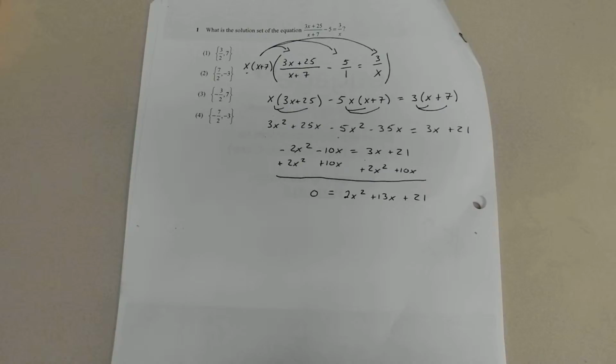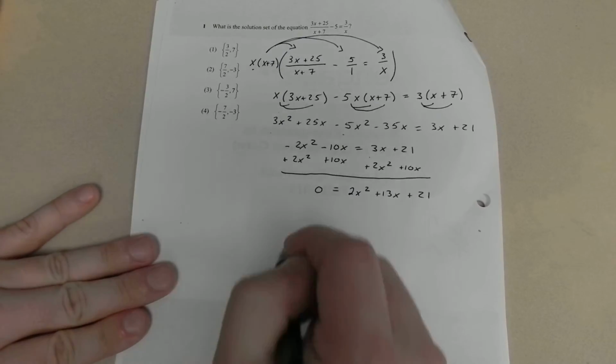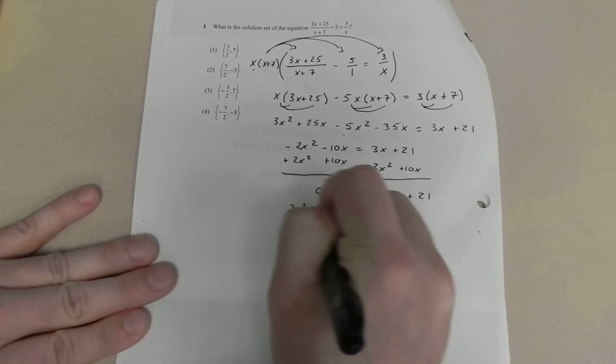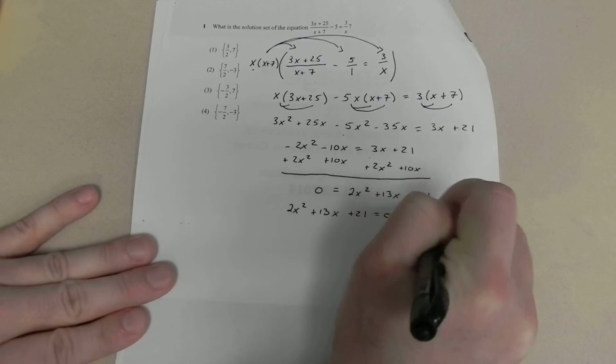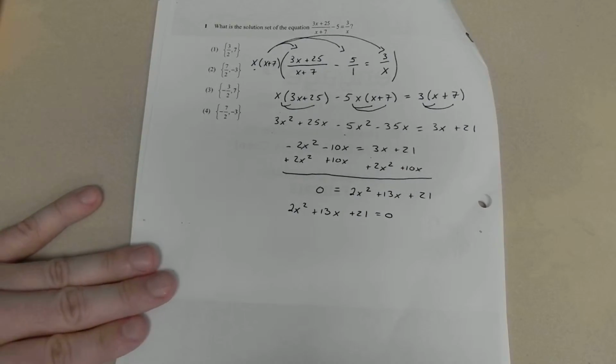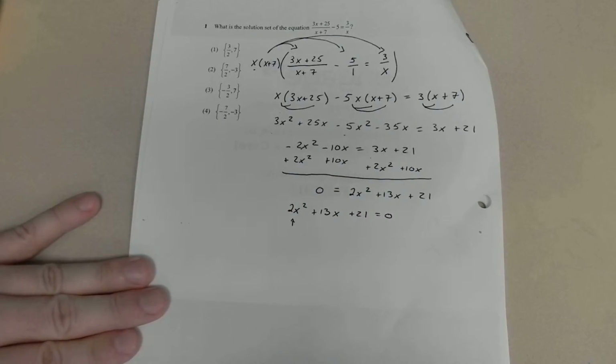So I have several options now with this quadratic. I can attempt to factor the quadratic, I can use completing the square, or I can use the quadratic equation to solve. I like to start attempting to factor it. 2x squared plus 13x plus 21 equals 0. 2x squared is not an ideal starting point, but at least the value 2 is a prime value.